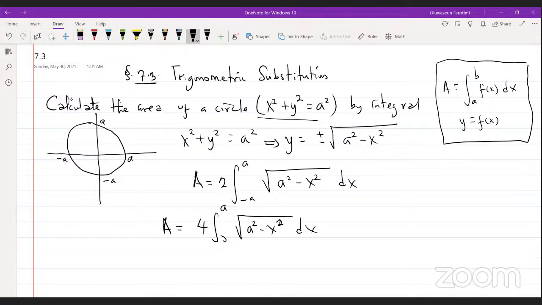Now, question, guys: if I want to solve this integral, what can I do? Can I just do a u sub, saying let u equals a squared minus x squared? Is it going to work?